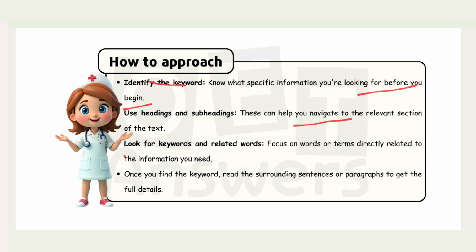Coming to the next area, look for keywords or related words. Related words means keywords as well as synonyms. Focus on words or terms directly related to the information that you need. First you do your skimming, and after completing it, you read the question and take keywords from it. For example: what must be used to elevate the patient's fracture leg?